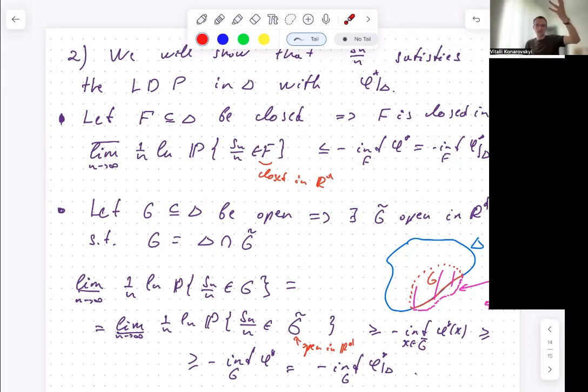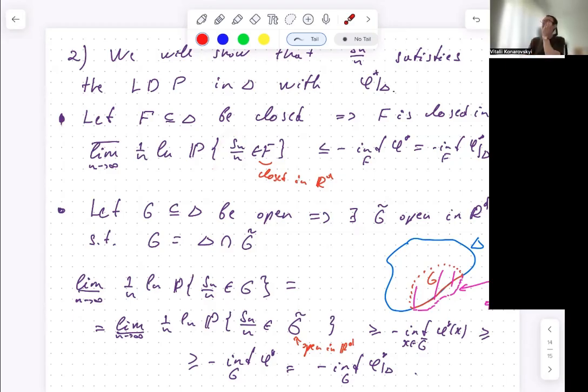And in the inverse way, if you have the large deviation principle in the smaller space and you consider this space as a closed subspace of the larger space, then the large deviation principle is also satisfied. The reason is exactly as we showed here, because nowhere did we use the fact that delta has a specific structure or that S_n has a specific structure.